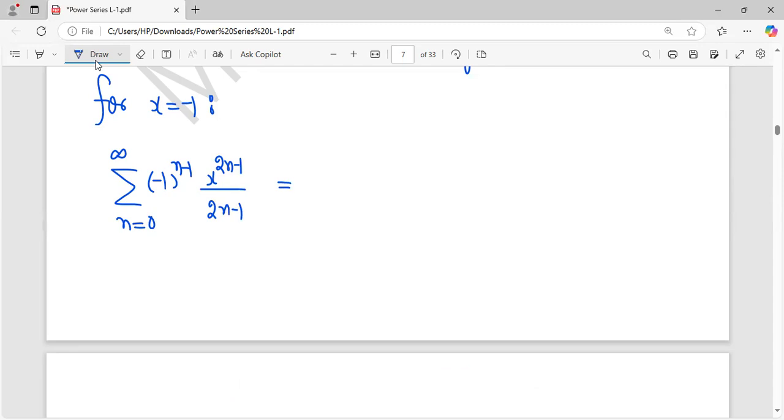So when we put minus 1, there will be a minus here. So minus x minus x cube minus 1 will be here. And this will be 1 upon 3, and 1 upon 5, plus 1 upon 7, like that.